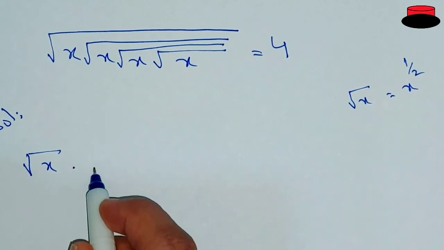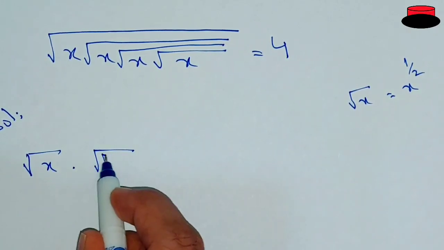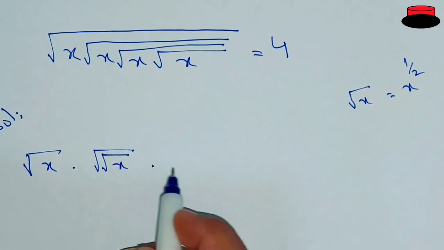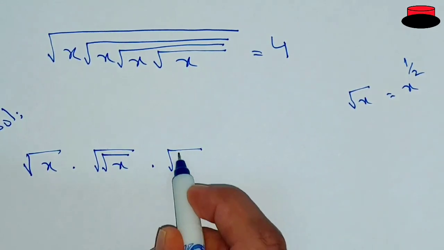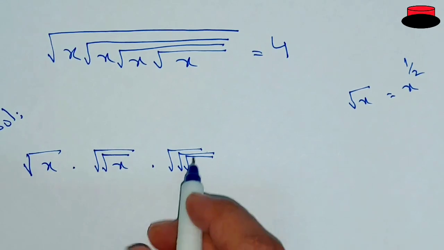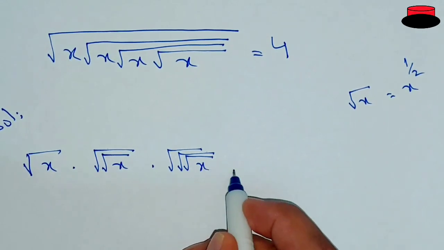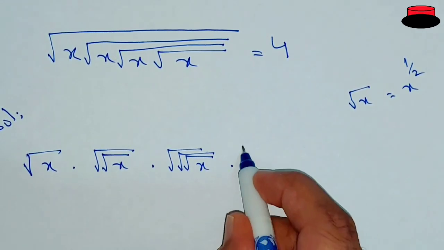For example, here we have under root x multiplied by 2 root x multiplied by 3 roots x and multiplied by 4 root x for the last one.